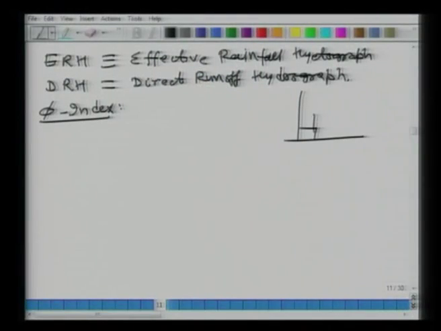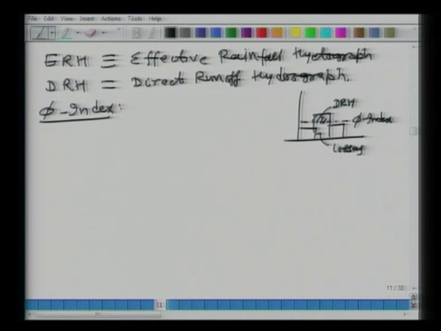Right. So, if you want to look at it graphically, all right, if this is your rainfall hyetograph, you just draw a line like this and let us say we call it phi index. Okay. Anything above is this is your DRH, and anything below that is your losses.